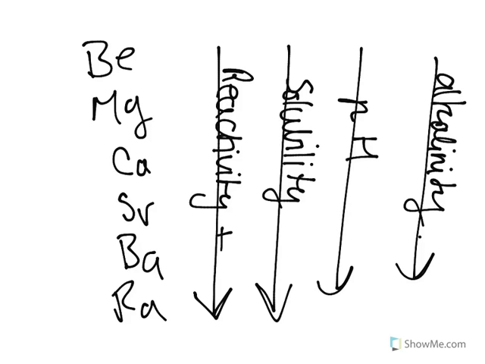On the scale there is insufficient water to dissolve all the metal, so it should be much easier for barium oxide to dissolve than magnesium or beryllium oxide. Sorry, I was talking about oxide. This is hydroxide. So if there was beryllium hydroxide or magnesium hydroxide or calcium hydroxide, the solubility, the pH, the alkalinity all increase down the group.